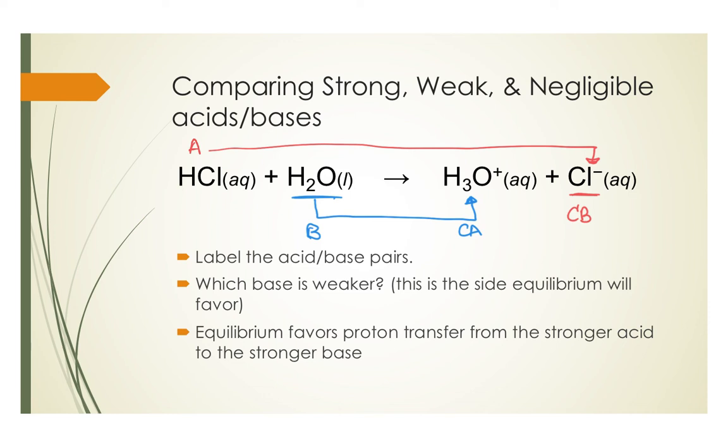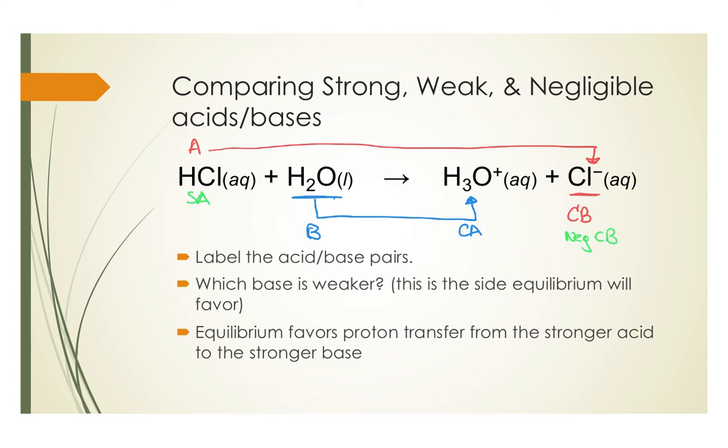We can figure this out by looking at, in this particular case, do we know anything about the acids and bases that we have? Well, of course we do. We know that HCl is a strong acid. And we know from what we learned in the previous slide that the strong acids have weak or negligible conjugate bases.